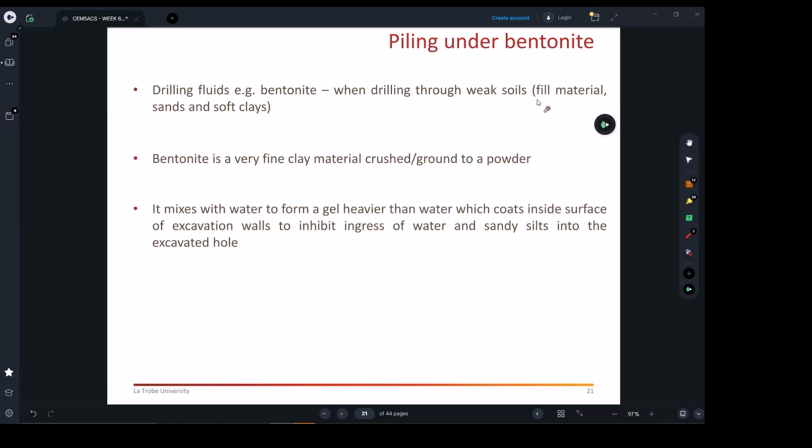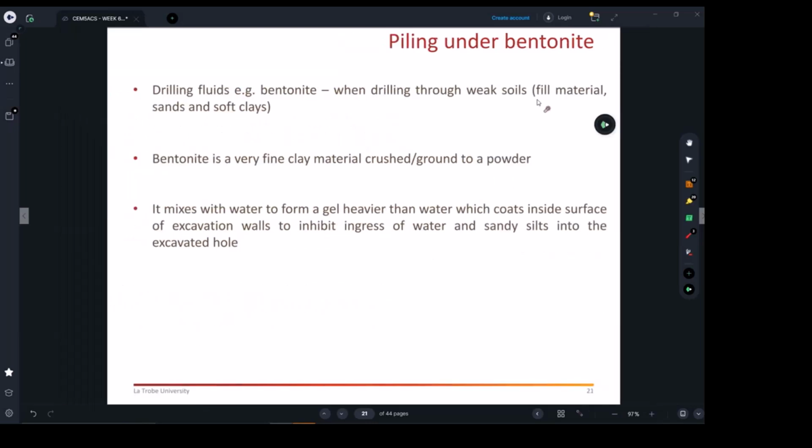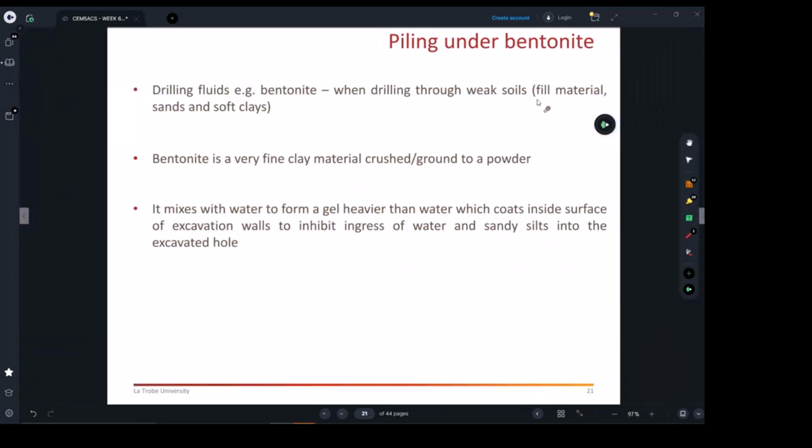But the situation we're going to have here is you have a water table, for example, which can compromise your concrete that you're using, or compromise the stability of the hole. So any questions you want to ask? Okay, it looks all clear so far.